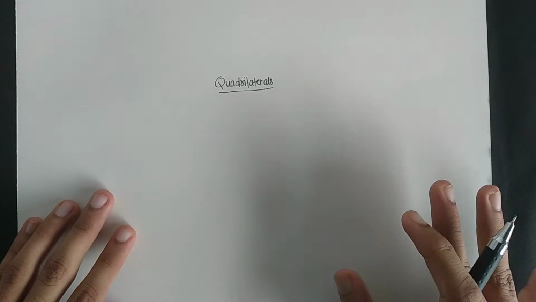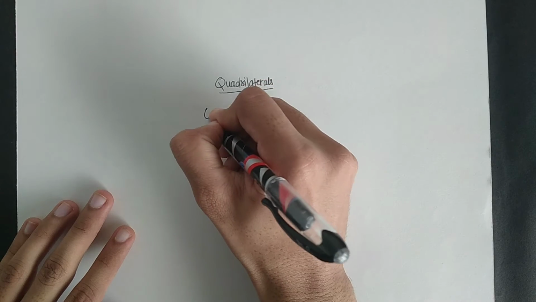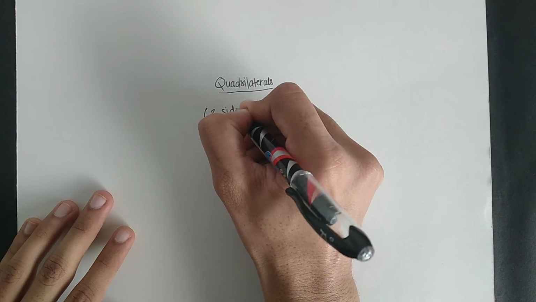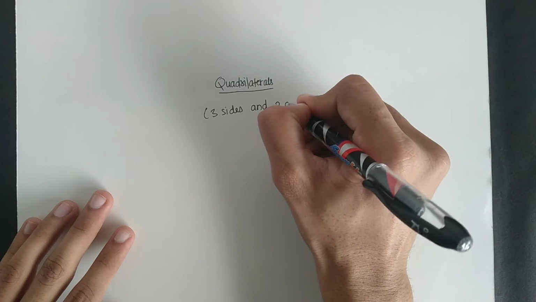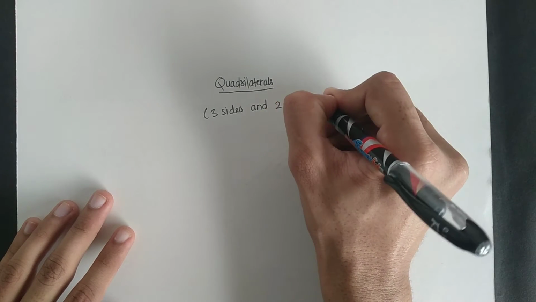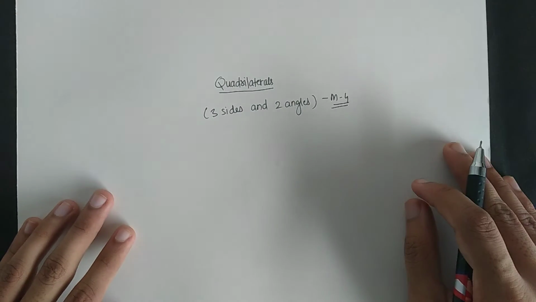So let us see how we can construct a quadrilateral if we have the length of three sides and the measurement of two angles as the given data. This is method number 4 that we are going to deal with.